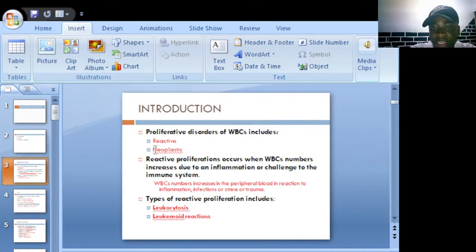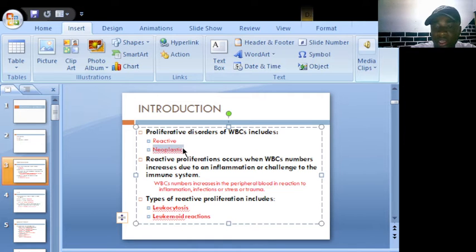The neoplastic is actually what we're going to talk about in detail. That is the malignancies, like the hematological malignancies. Now, what does it mean to say there is what is called reactive proliferation?